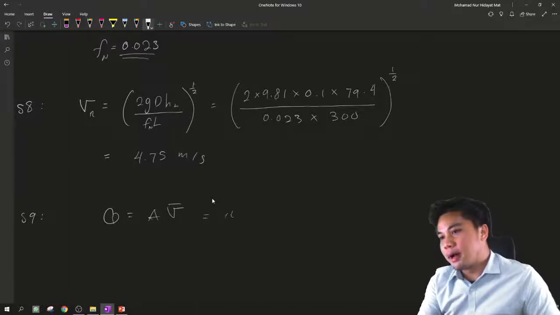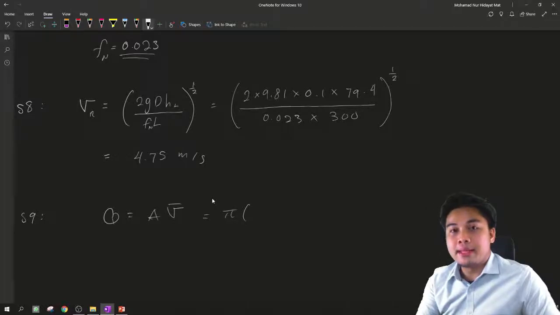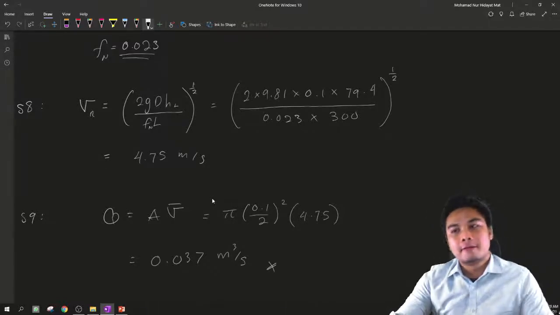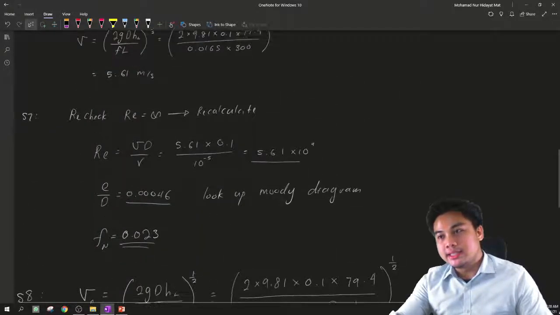Area is pi r squared, where the radius is the diameter 0.1 over 2, squared, multiplied by velocity 4.75. So the final answer should be 0.037 cubic meters per second. Alright, that is the final answer using the Moody chart.